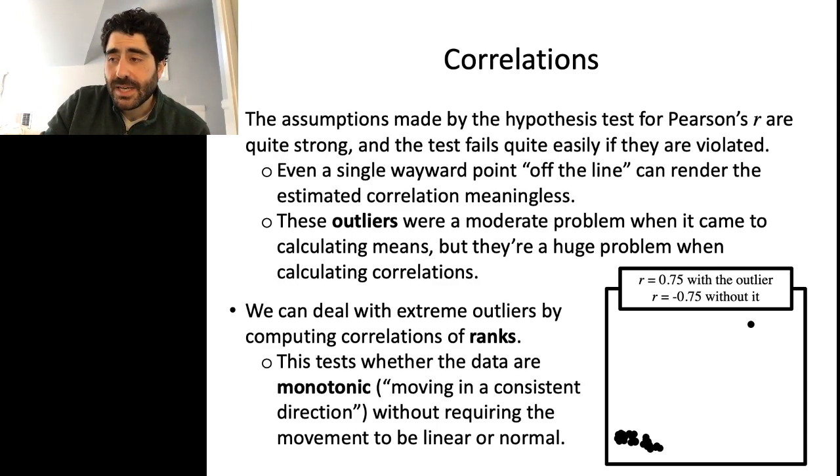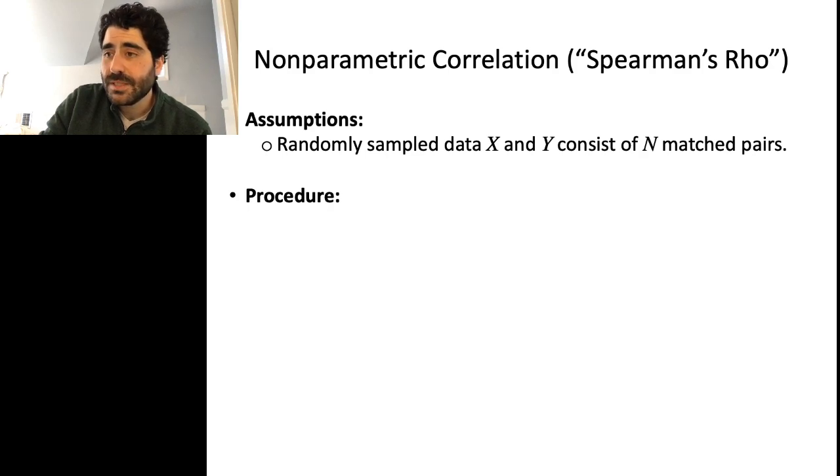So this type of correlation is called Spearman's rho, where rho you'll see is this kind of curly P symbol.